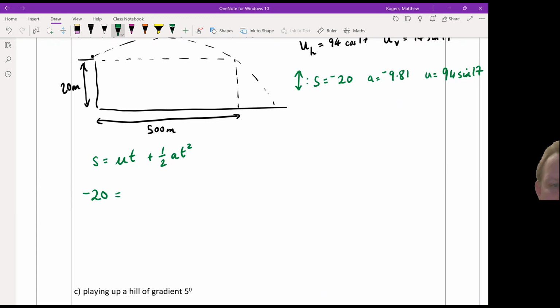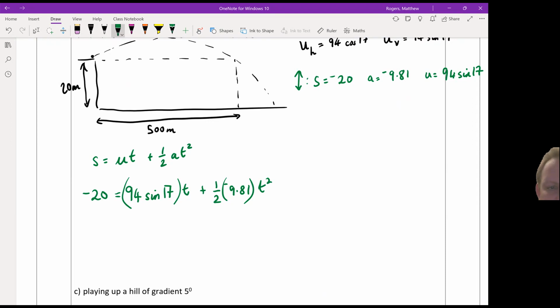Minus 20 is the value of S. This is equal to 94 sine 17 times T plus a half of minus 9.81. Let's put that in a bracket so we don't think it's take away, times T squared.